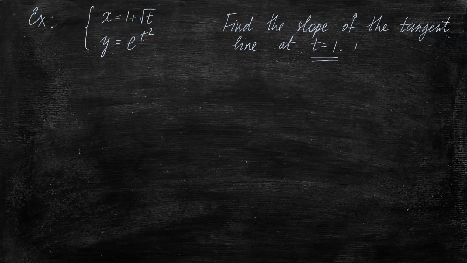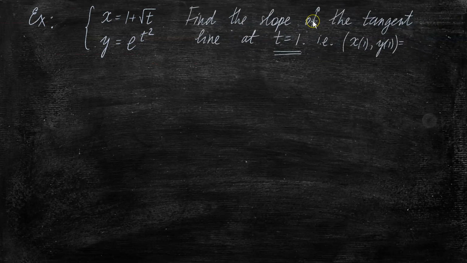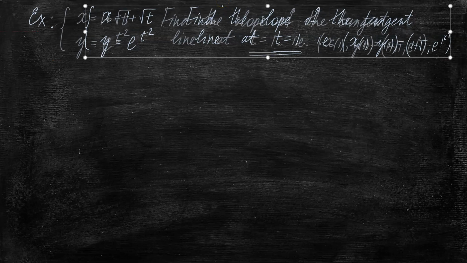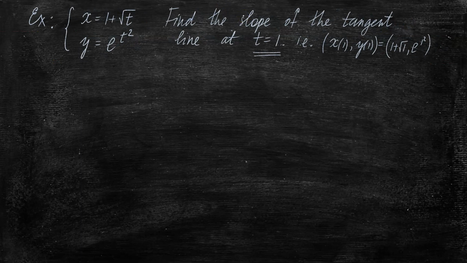So t equals 1 means we're looking at the following point, and x and y both can be evaluated at 1, and the x will be 1 plus square root of 1, and the y will be e to the power 1 squared. So we are asked to find the slope of the tangent line at this point, (2, e).